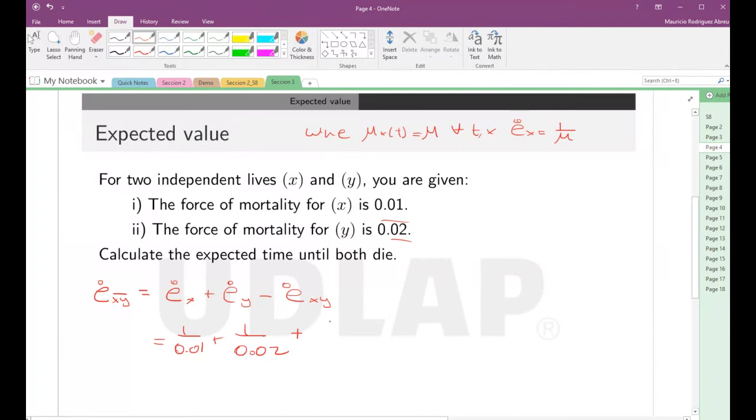Exactly. Because we know that if we want to merge two forces of mortality, we just add the two forces of mortality. But then, since they are constant, the new joint force of mortality is going to be constant, so the life expectancy is going to be 0.03. Is that clear? And how much is this?